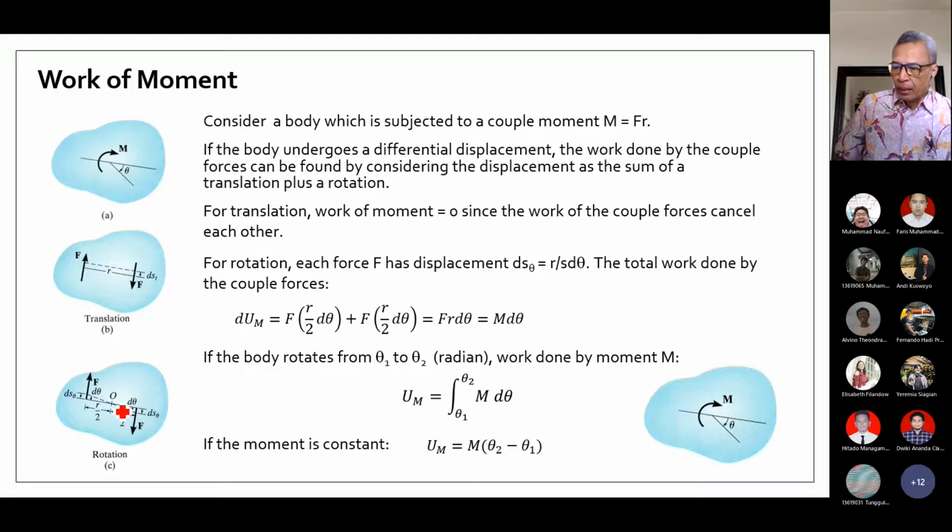If we have a rotational displacement like this, then we can calculate the work done by each force, the values of the work done by each force are the same, and then we just add them and obtain the total work done by the moment.